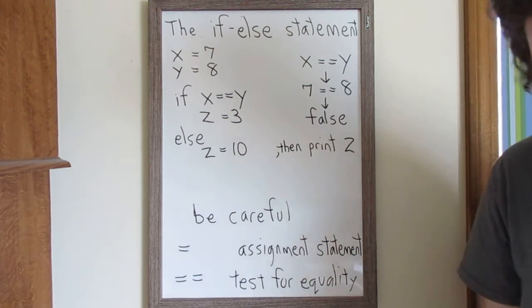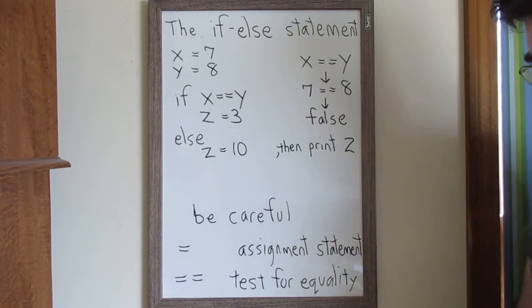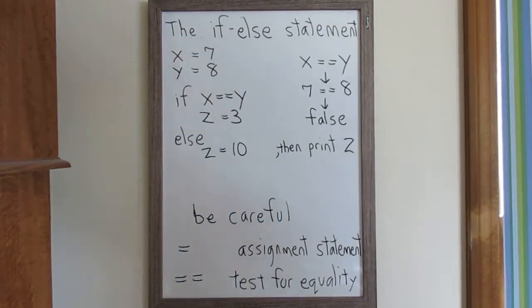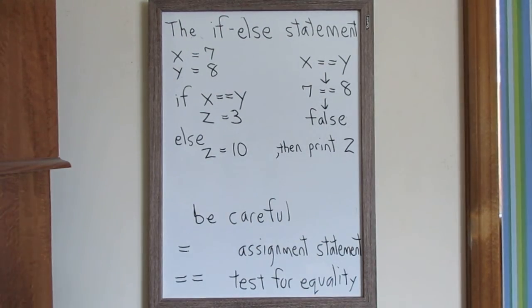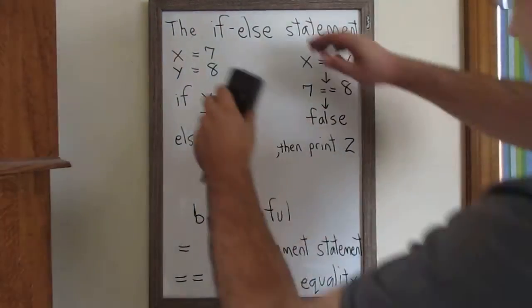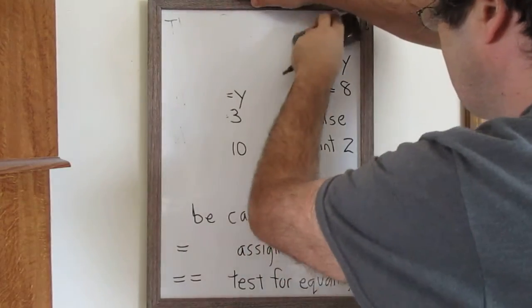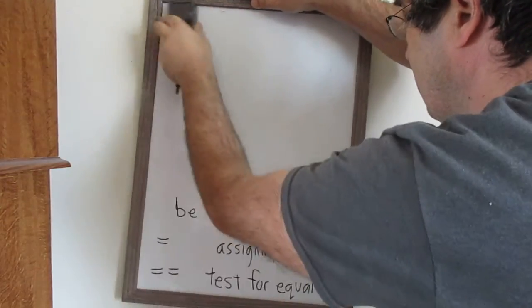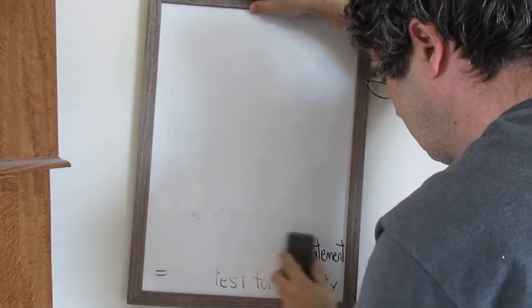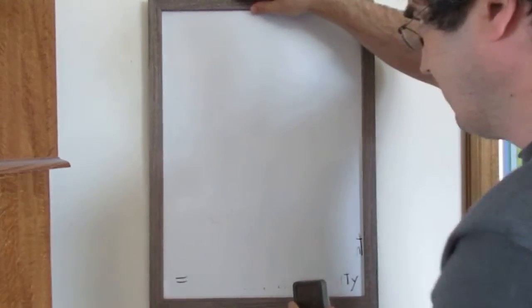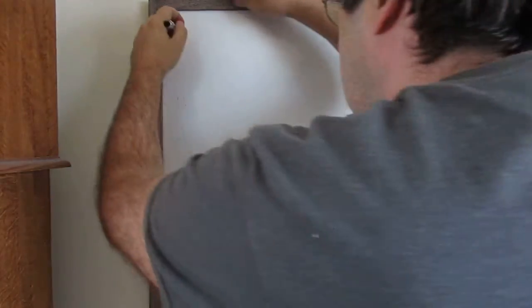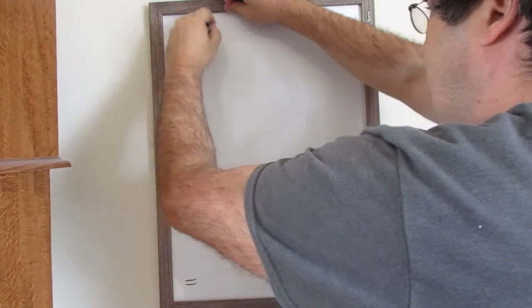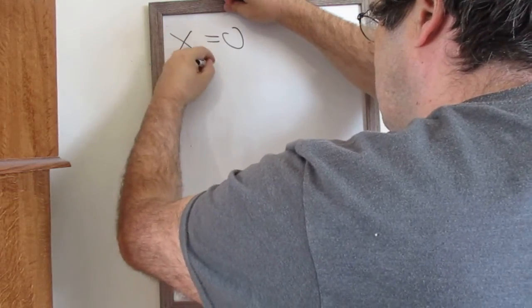All right, I think I have time to very quickly point out a while or for loop. X equals 0, sum equals 0.